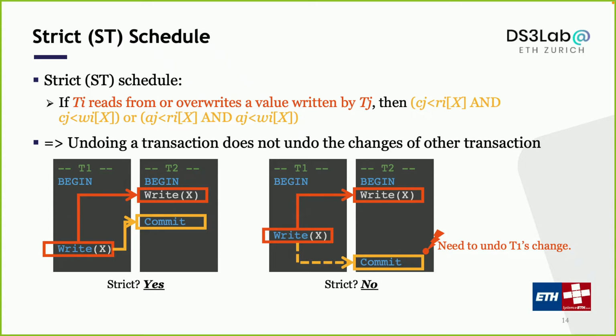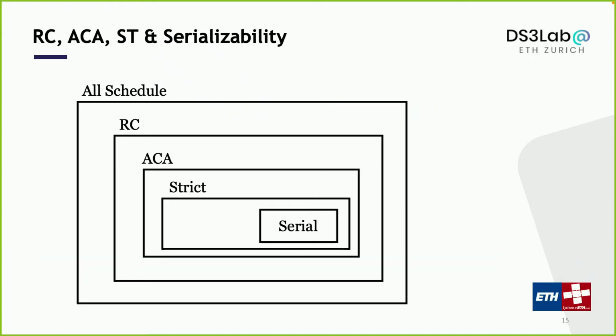That is actually very, very hard to do. In this case, what should be the value of x? Should it be the value of x as if after T1? It's not really clear whether I should overwrite the value of T1 or not. If you have something that's strict, you don't have to make that decision at all. So these are the three different families of recoverability. You have all the possible schedules.